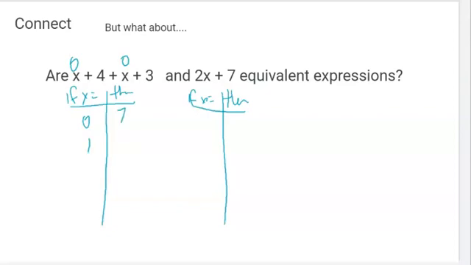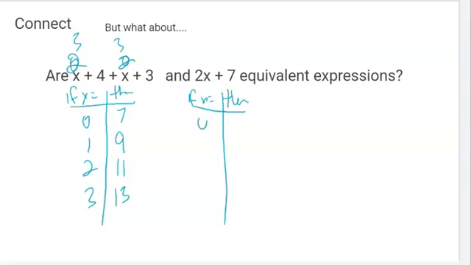If x equals 1, this is 1 plus 4 plus 1 plus 3. If x equals 2, this is 2 plus 4 plus 2 plus 3. If x equals 3, that's 3 plus 4 plus 3 plus 3. And that's usually enough. So I'll stop there.